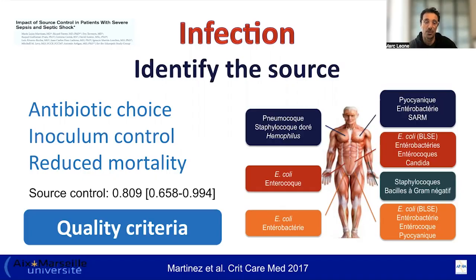And there are some very good studies showing a strong association between the identification of the source of infection and a reduction of mortality in patients with sepsis and septic shock. In my view, that's just a quality criterion. If you have a good rate of source identification, you have good practice. There is no doubt about that.